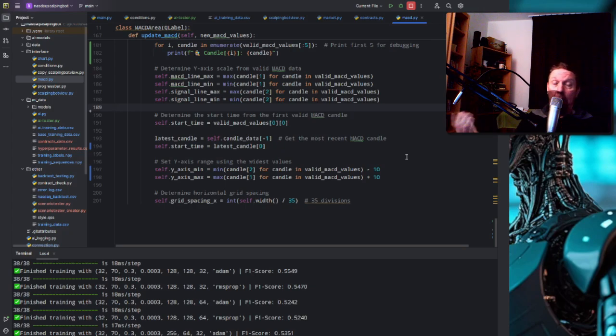So the GitHub link is in the description. If you want to have the full code as you're looking at right here, with all the maps and data and models and everything on it, it's on GitHub. So you can find the code right there.